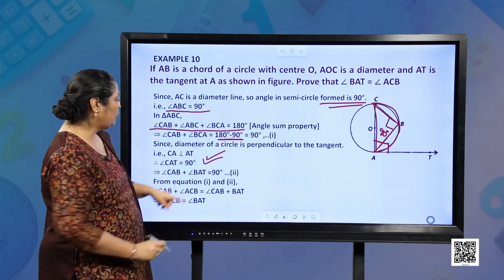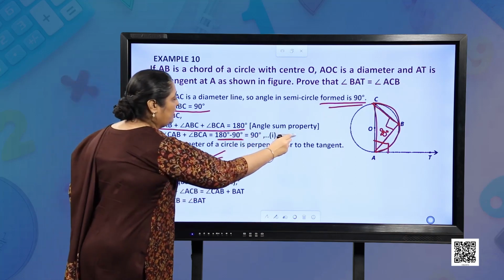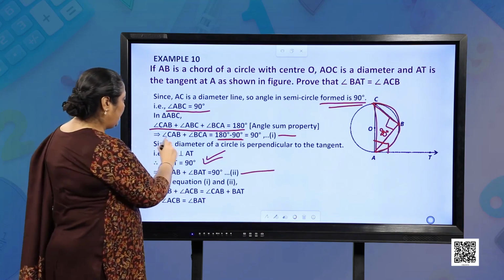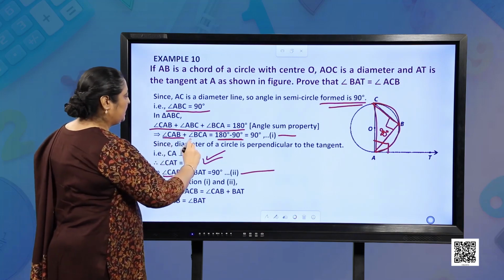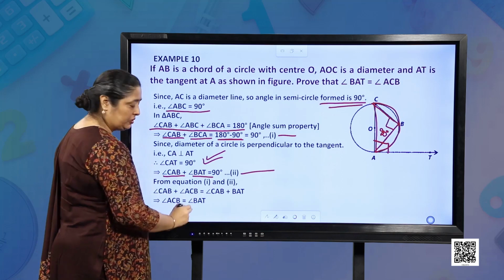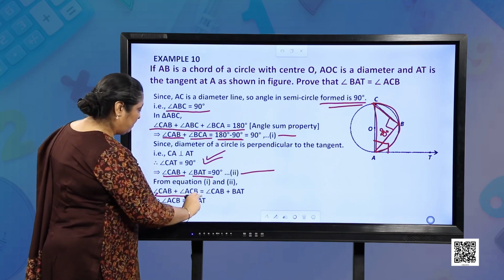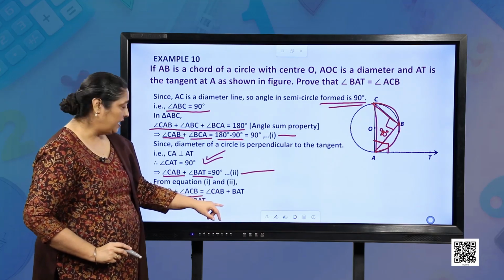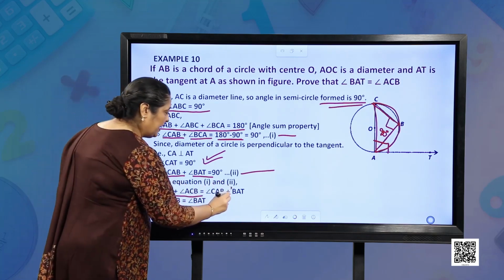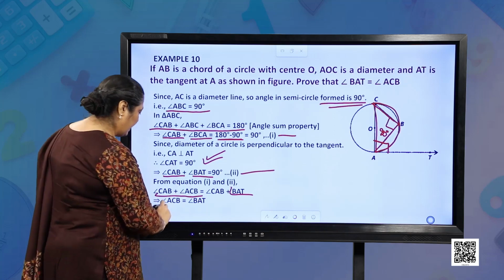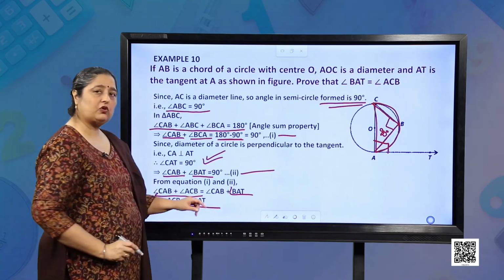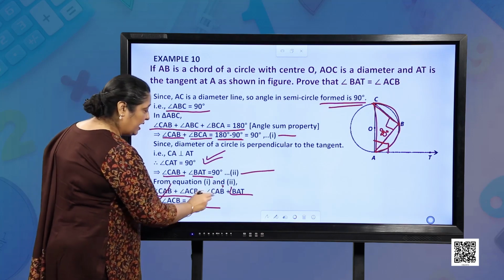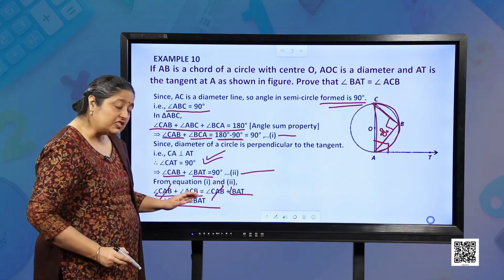So, from equation 1 and 2, we have angle CAB plus angle ACB is equal to angle CAB plus angle BAT. So, angle ACB is equal to angle BAT, because angle CAB and angle CAB cancel each other.